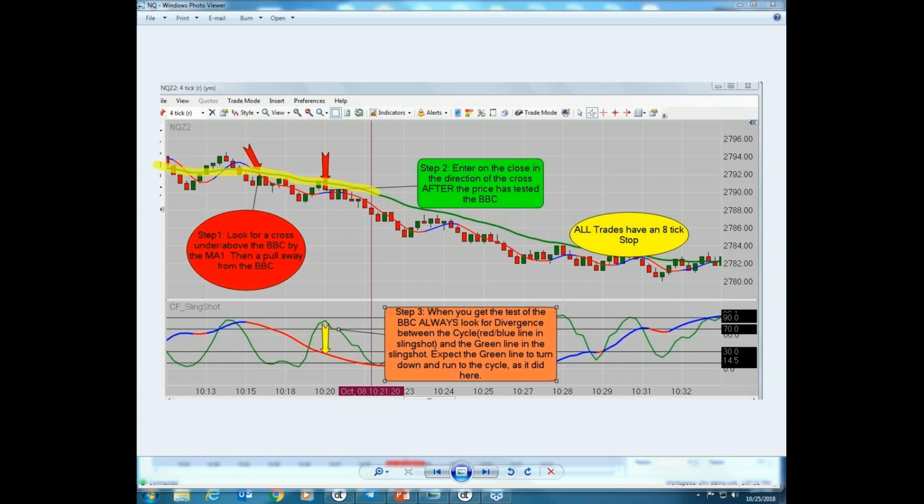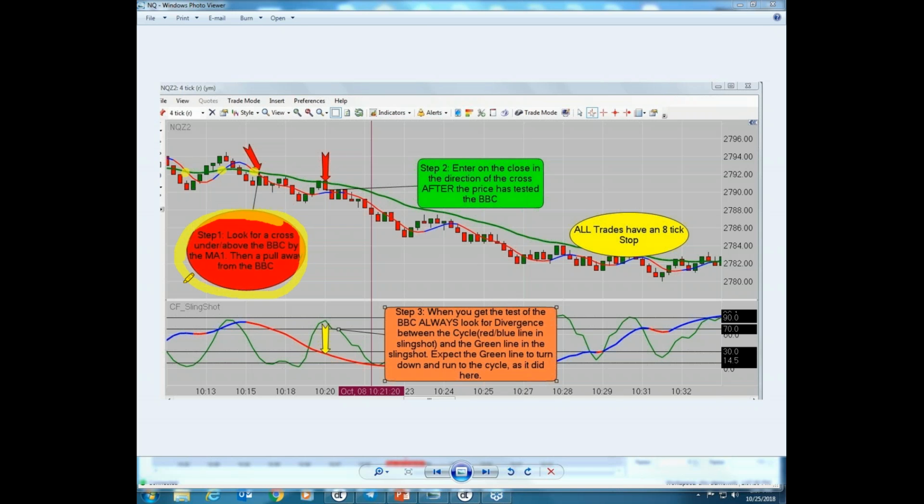Now, why are those two important? When the MA1 crosses the BBC, when that red and blue line crosses the green line, as it does here and here and here, that is step number 1.